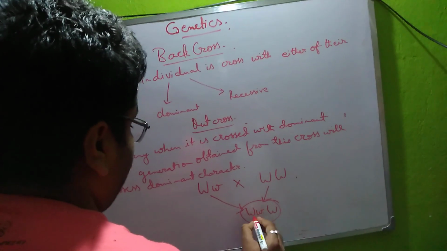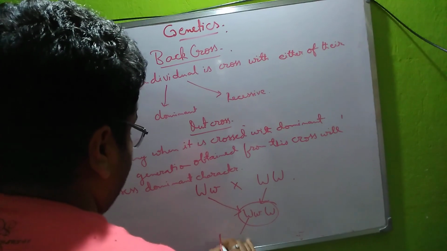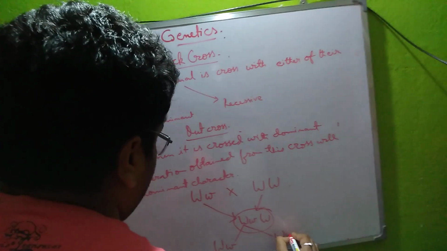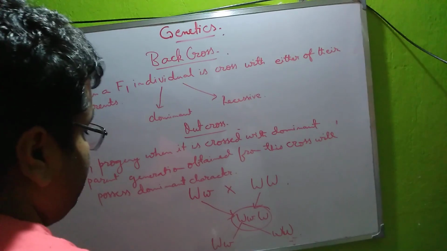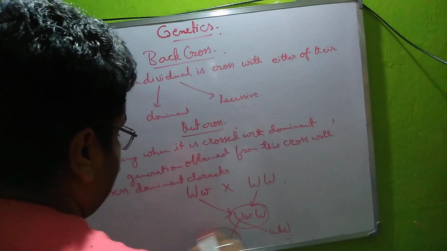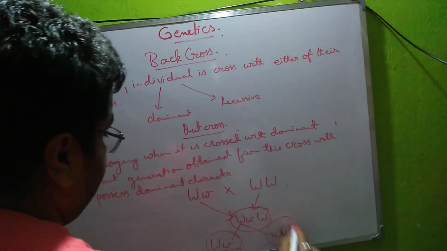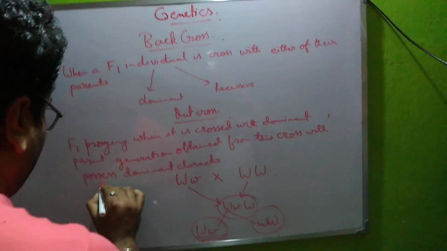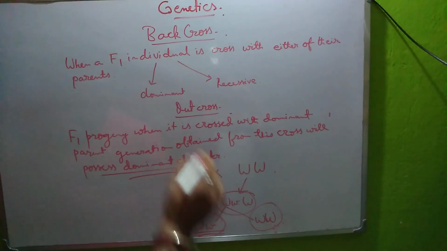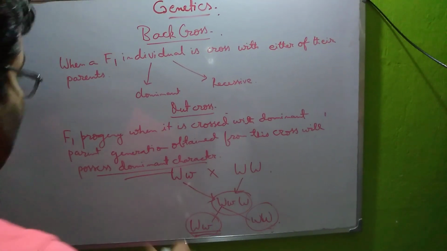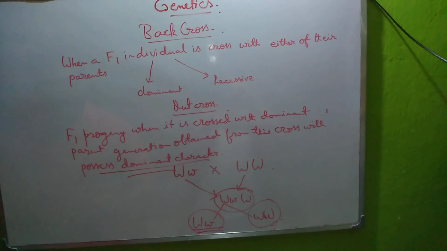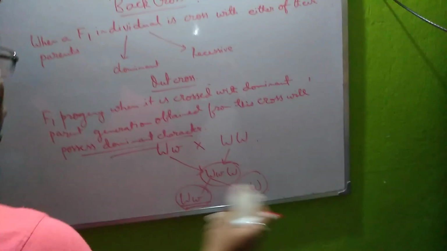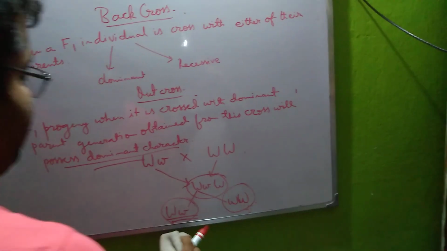Every time, what I will be getting is capital W, small w, another time capital W, capital W. So in both cases, one time it's heterozygous dominant, another time it's homozygous dominant. That's why we are saying it possesses the dominant character only. No recessive character will be produced in the outcross. And over here also the genotypic and the phenotypic ratios will be the same.